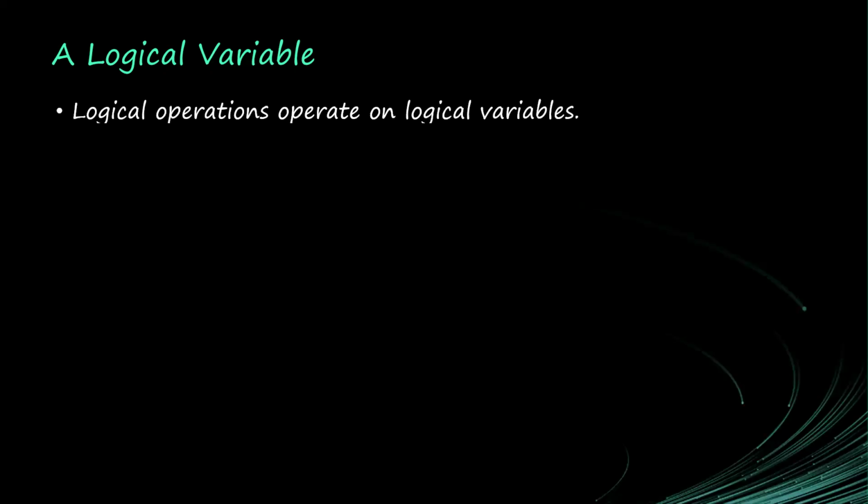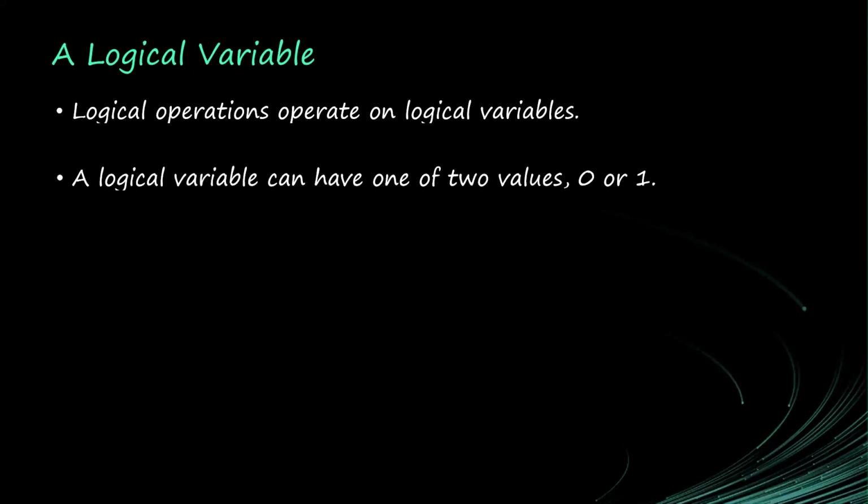Logical operations operate on logical variables. These logical variables are either true or false. Do you understand? If it is 0, it is false. If it is 1, it is true. So a logical variable can have one of two values, either 0 or 1.